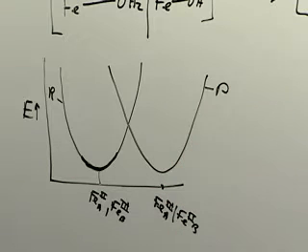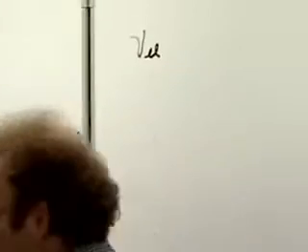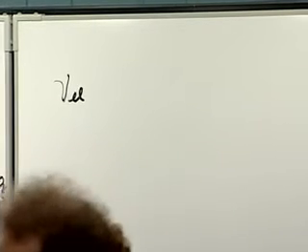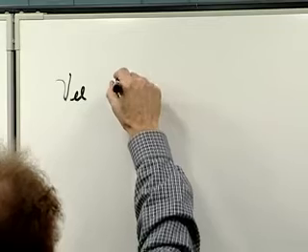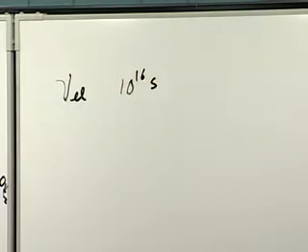Let's talk about frequencies, the frequencies of electronic motion. The electron moves very fast, it's very light, and that has a frequency of something like 10 to the 16th per second.